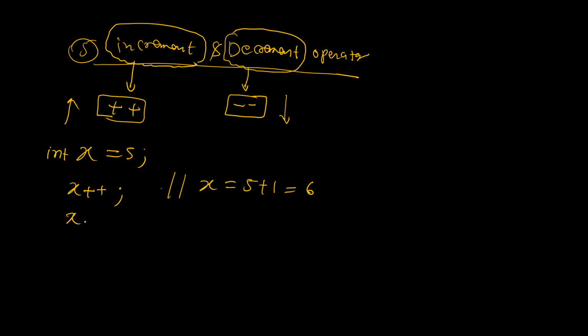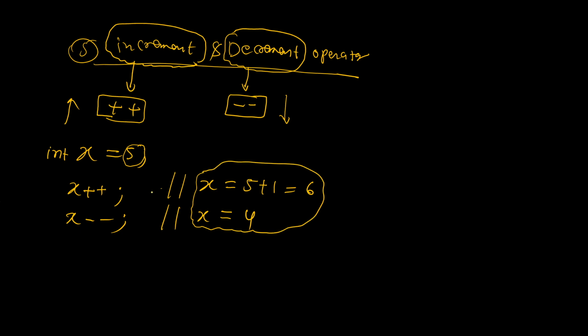Similarly, if I write x minus minus, you are decreasing this value by 1, so now the value of x will become 4. One important thing, when it comes to increment or decrement, you increase or decrease a value by 1. So this is for the increment and decrement operator.